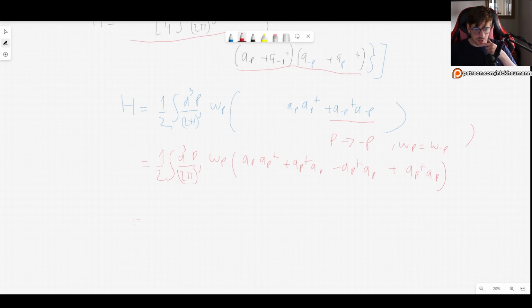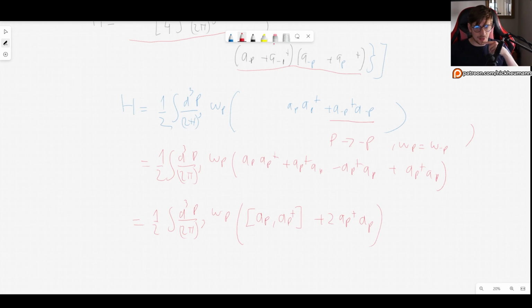Okay, so by doing this, we have 1/2 integral d3p over (2 pi)^3 omega p. All right, and here then we have a_p a_p dagger minus a_p dagger a_p, so that is the commutator of a_p, a_p dagger. And then we still have 2 times a_p dagger a_p.